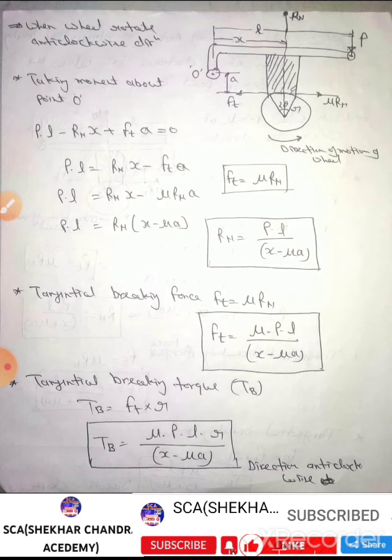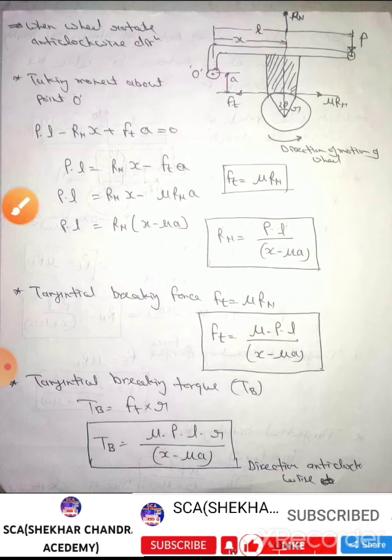Here P into L makes a clockwise couple, so the value of PL is positive. Second, Rn is a vertical upward force and makes a couple in anti-clockwise sense about point O. So Rn into X is negative.